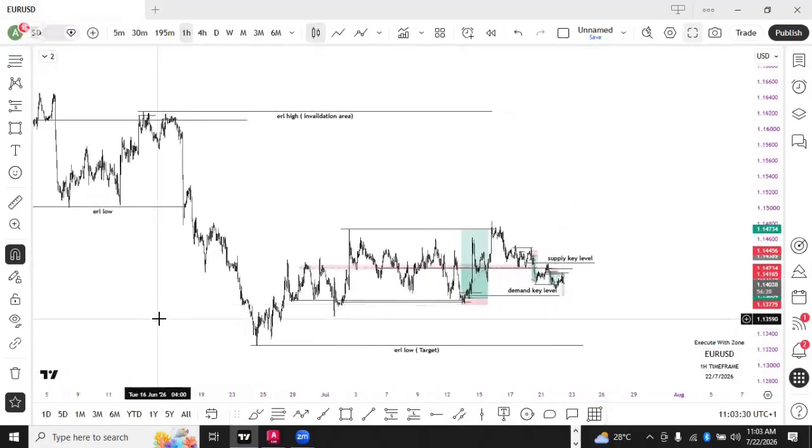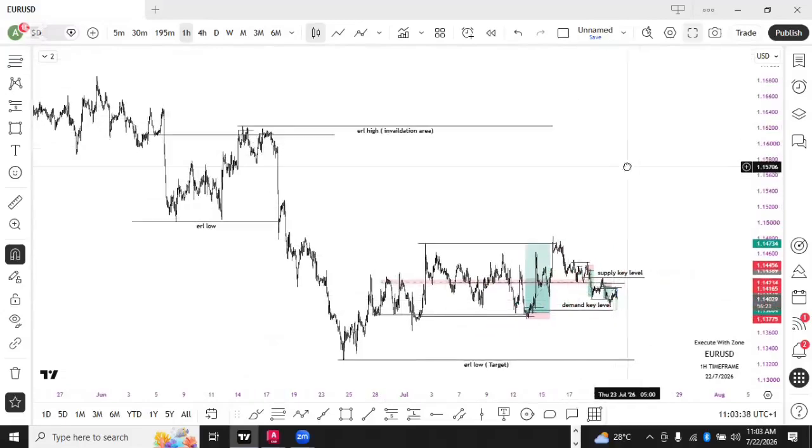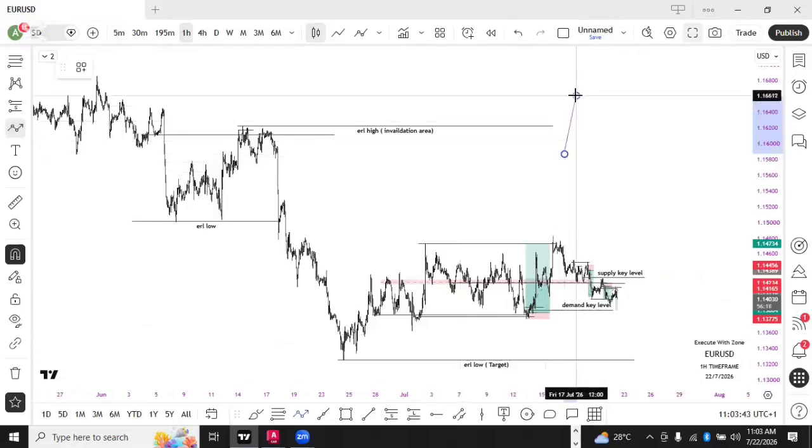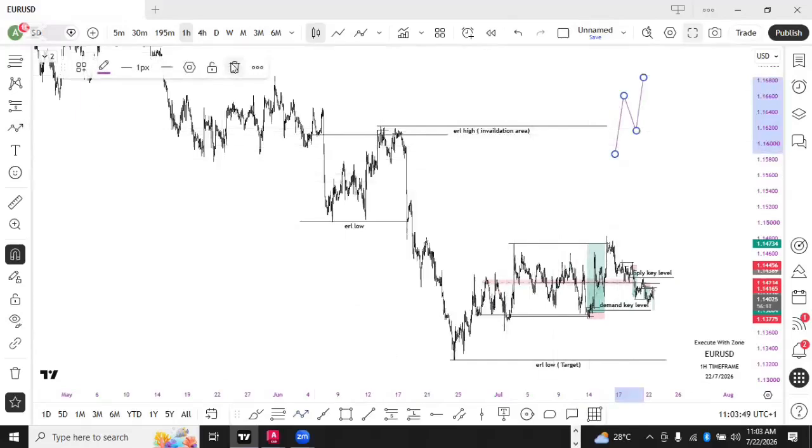So you can see what you're able to do on the chart now. You're able to understand that, okay, this is my invalidation area. If the buy that is happening does not respect a particular key level and disrespects this invalidation area, then I know I'm going bullish. You get me?